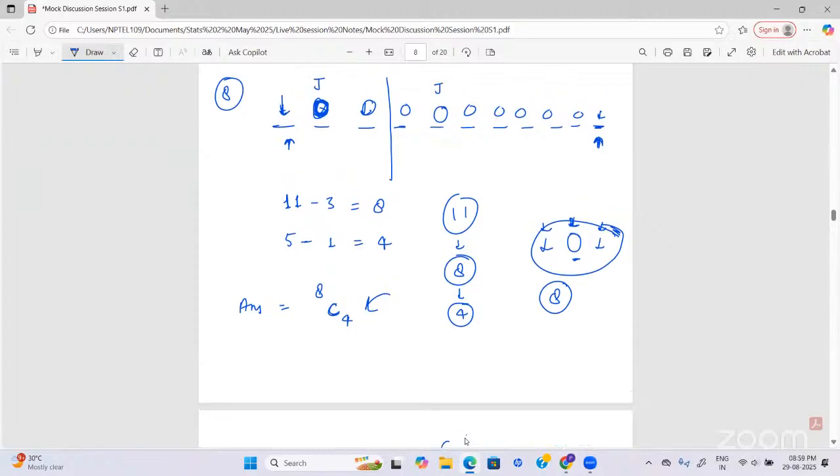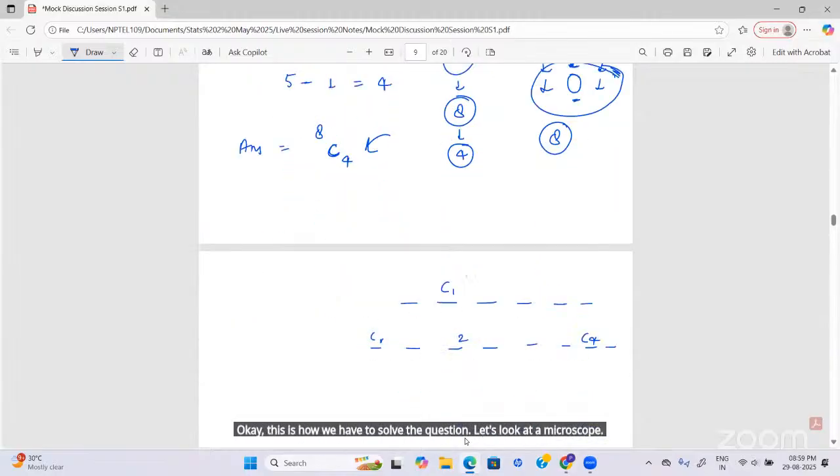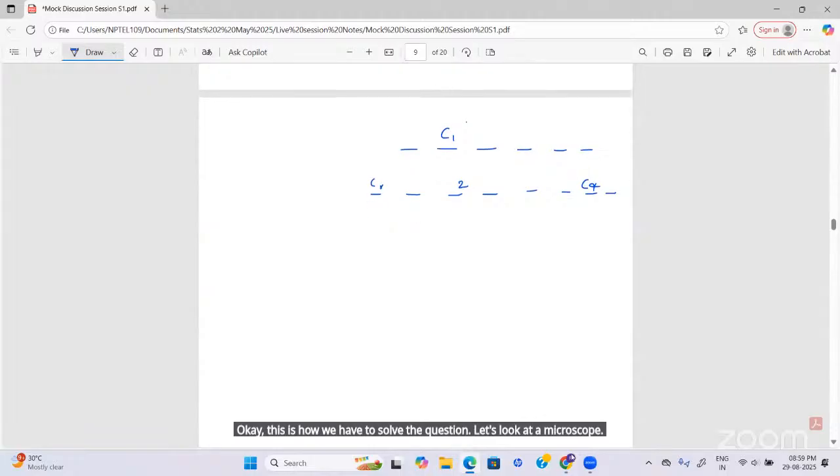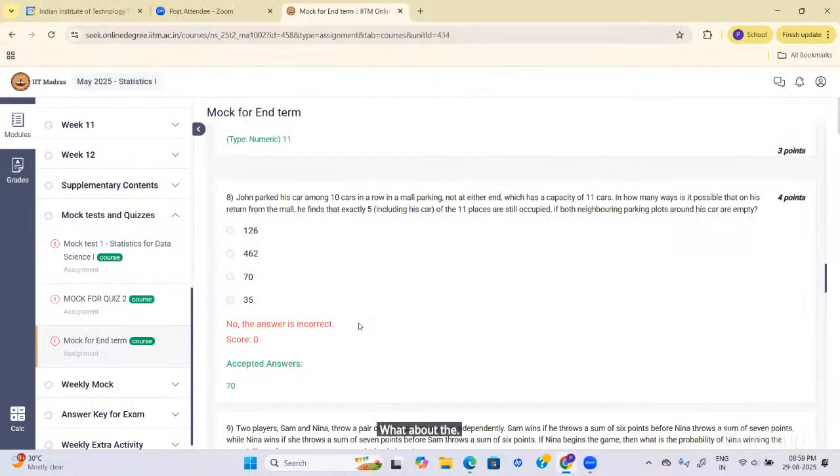Okay, yeah, this is how we have to solve the question. It's the correct method. And what about the places where John will park his car? Like we haven't considered which place he will park his car.